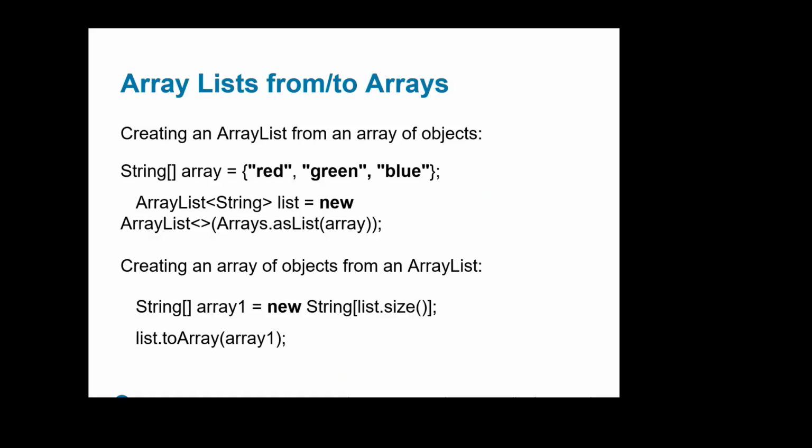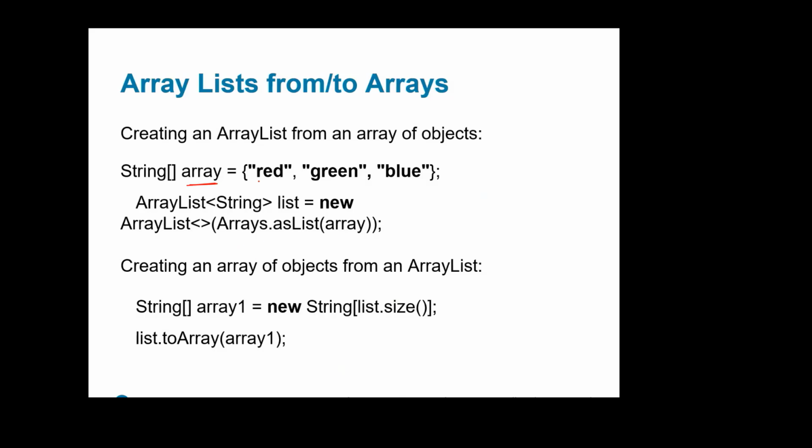So here are some examples. We can also create a string array first, and then we can pass that array as an ArrayList, so we don't have to add new elements.